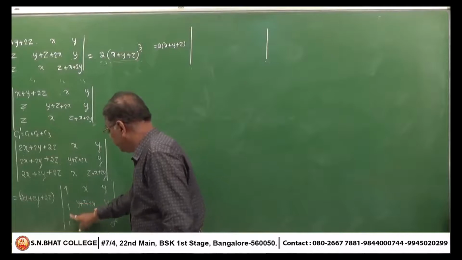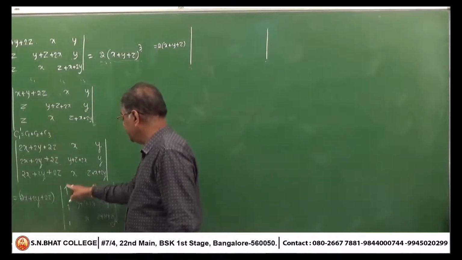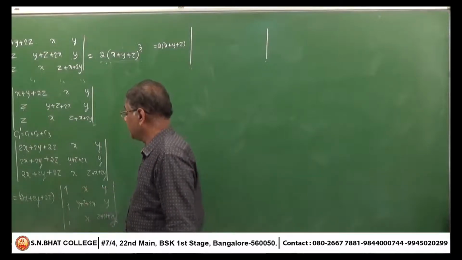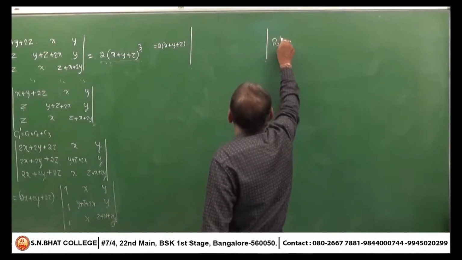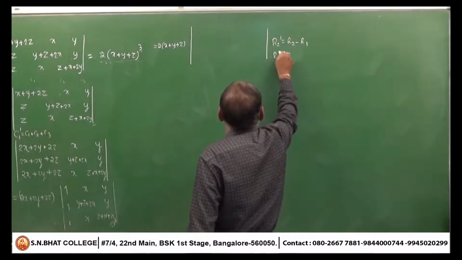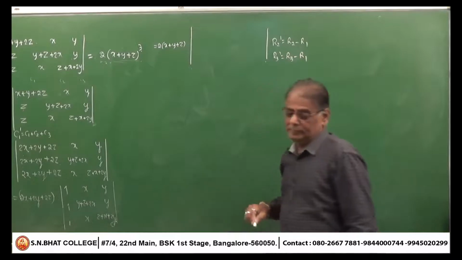R2 dash is R2 minus R1, and R3 dash is R3 minus R1 only, not R2.